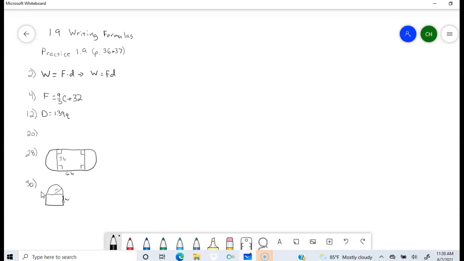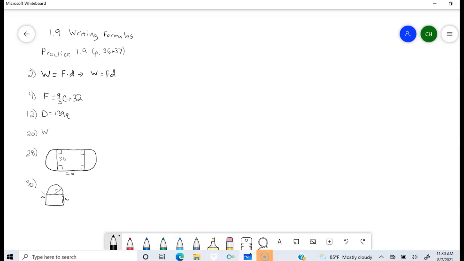Number 20, state the wages W for completing X pieces if the salary is D dollars plus an additional 18 cents per piece. We're trying to find out what the wages are.